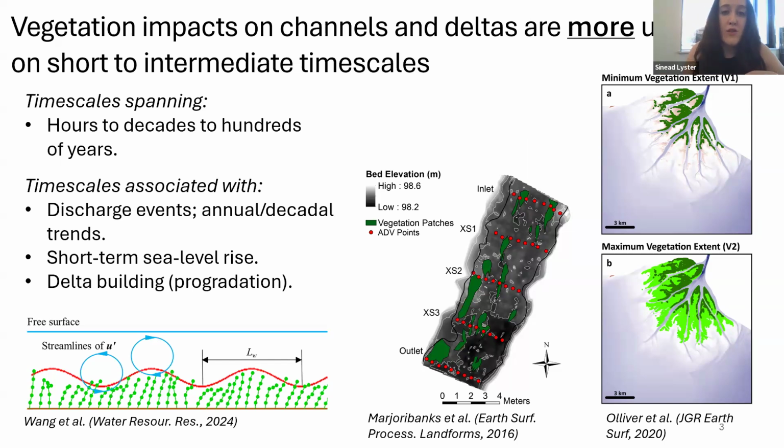These might be timescales associated with individual discharge events, annual trends, decadal trends, but also getting up to the longer end, like short-term sea level rise and delta building. We gain insights from a combination of theory and modeling, field observations, satellite imagery, experimental observations, and so on.